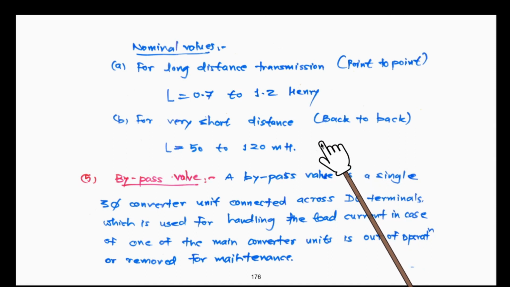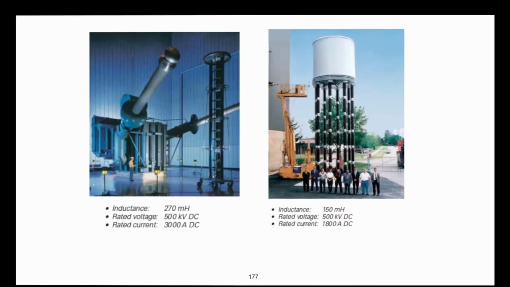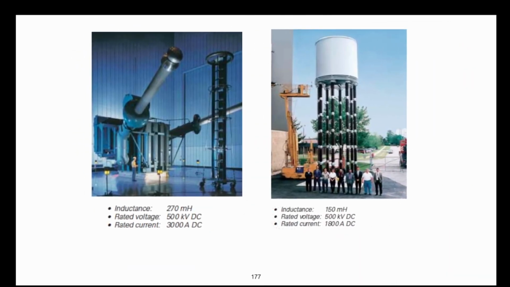One diagram is available from standard reference books, just to show you the scale at which these inductances are used because of the bulk power transmission. You can observe here a person is standing, isn't it? This is an indoor installed inductance, for a back to back scheme: 270 millihenry for 400 kV DC and 3000 ampere DC rated. See the size, very huge.